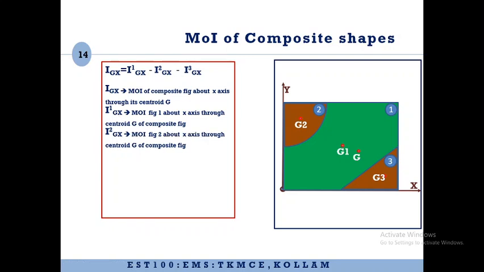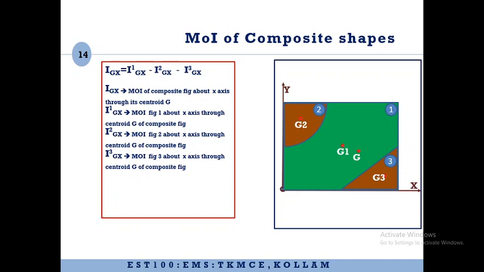Next term we are having is IGx of 2. So again the superscript represents the simple shape 2. So the moment of inertia of figure 2 about which axis? The Gx axis, and Gx means the x axis passing through the centroid of the composite figure. Similarly, IGx of 3 means the moment of inertia of figure 3 about the centroid of the composite figure.